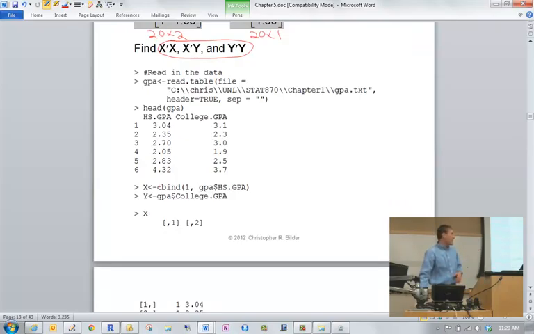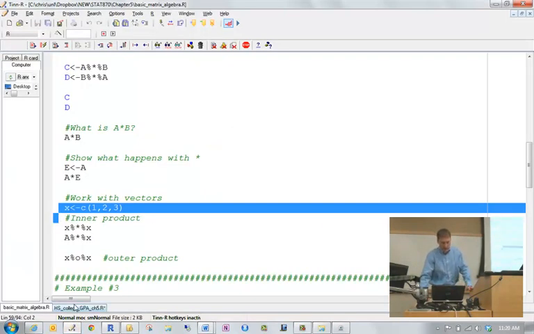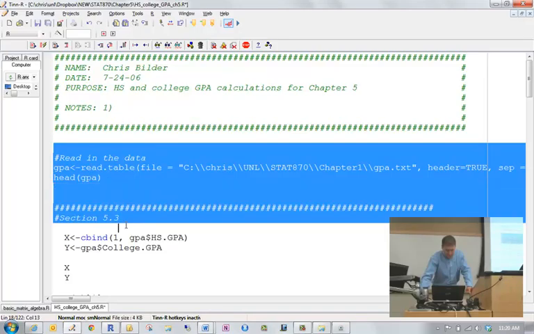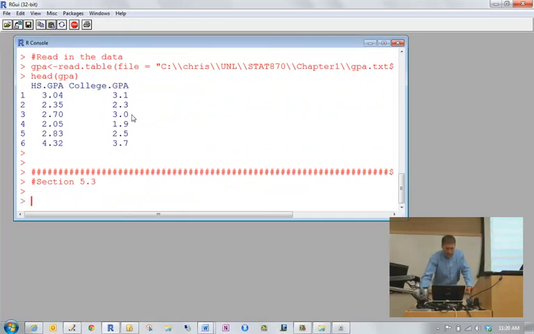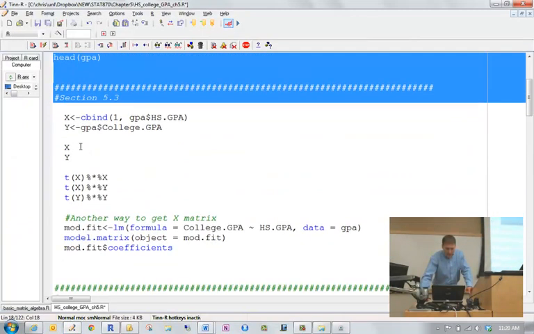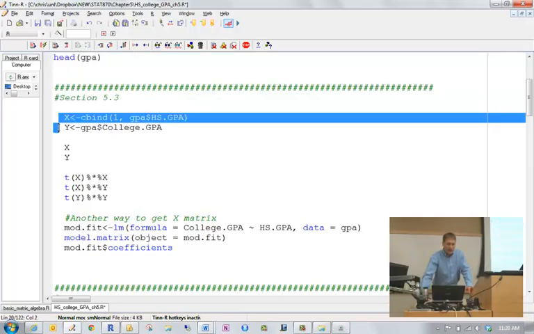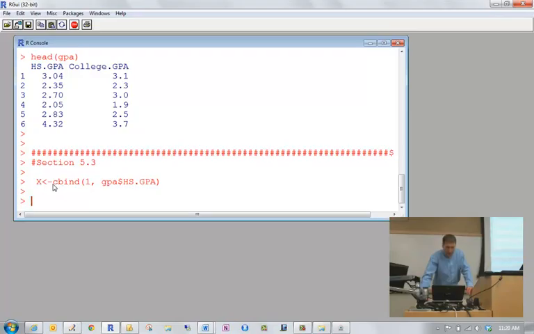So I can read in my data like I would normally. Let me actually go ahead and do that. And then to form the X matrix, where I had that leading column of 1s, I used the cbind function. C stands for column, so put the stuff in columns, bind them together. I'm going to combine 1 and also all my high school GPAs.